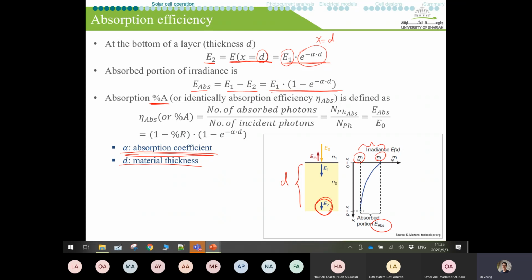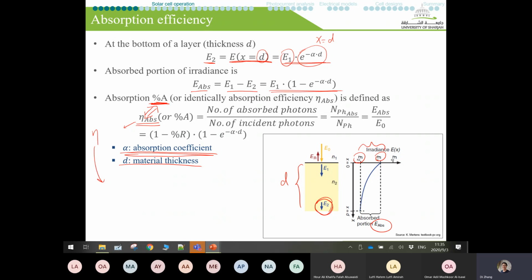So how do we define the absorption percentage? Sometimes you will see another term for the absorption percentage, called the absorption efficiency, which is the first efficiency we define when we talk about the overall process for the solar cell.